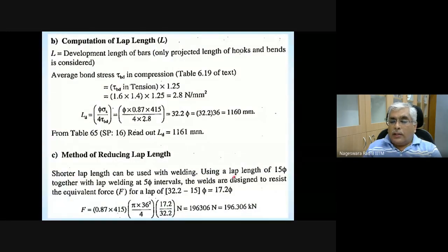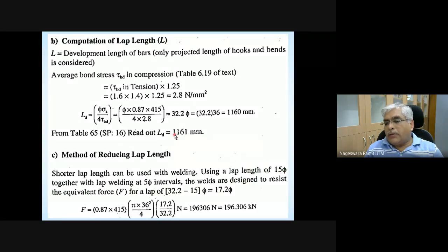So, using a lap length of 15 times diameter together with lap welding at 5 times the diameter intervals. So 15 times diameter of the bar, what is that length going to be? That you need to calculate.